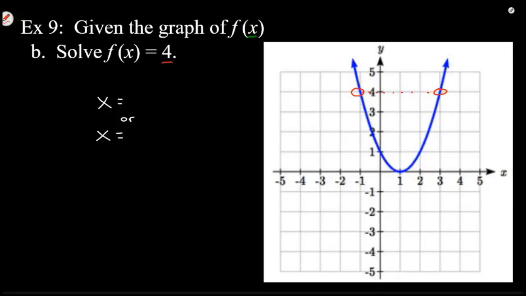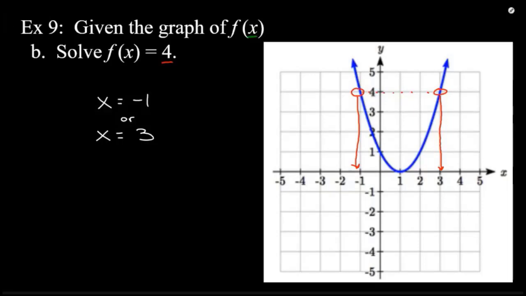Well, we just go down and we figure out what's the x value that goes with that. -1 is one of them. What's the other one? We just go down or straight up, one or the other, and we find out 3 is the other one. Either x is -1 or x is 3. Either one of those would give us an output value of 4.